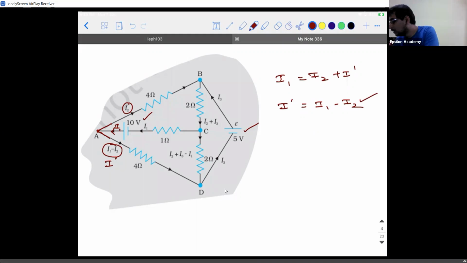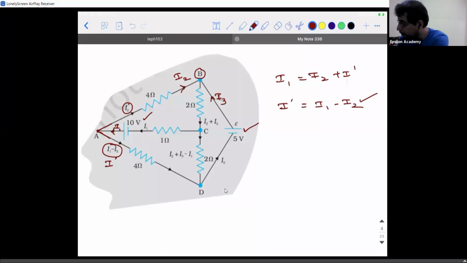Clear? So this I2 is going to reach the point B. Before it is reaching the point B, in this problem they are saying that the 5 volt battery is supplying a current of I3. All these are assumption variables only. Nothing is for sure.